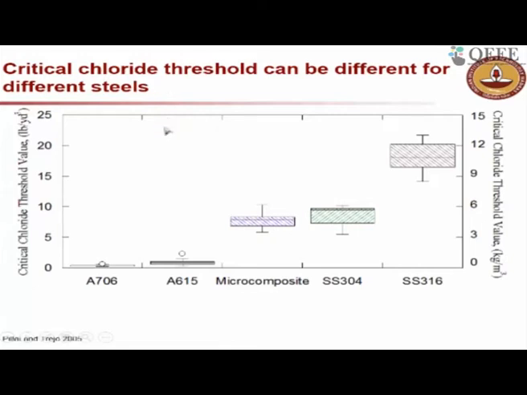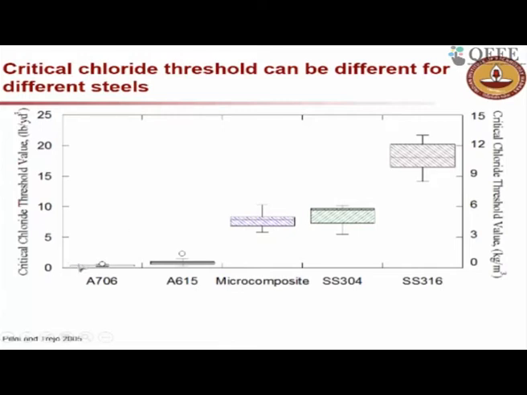Now for example, these first two are the conventional steels which we use, and these are corrosion resistant steels: this is a stainless steel rebar, and this is another, better grade stainless steel rebar. So you can see two stainless steel rebars and two conventional steels.